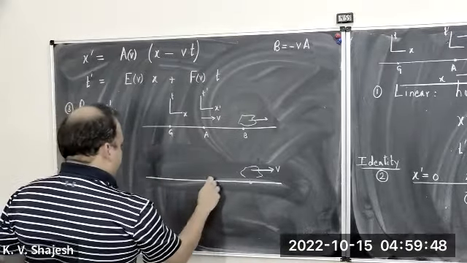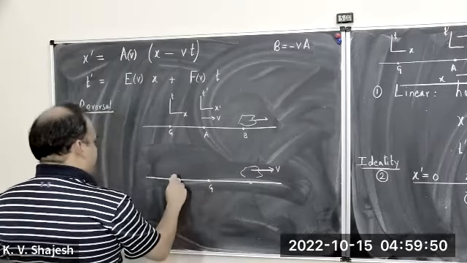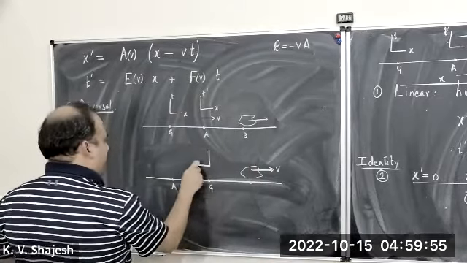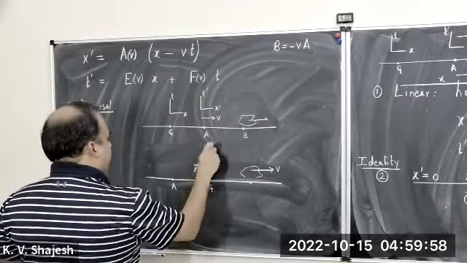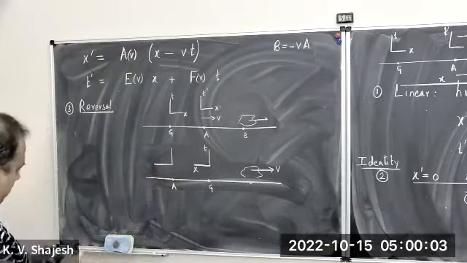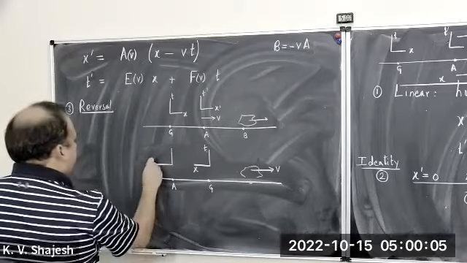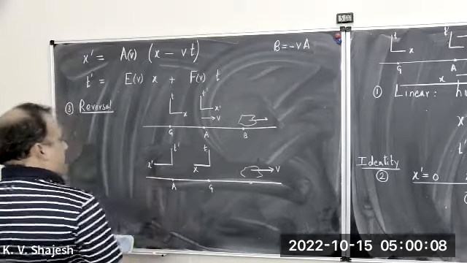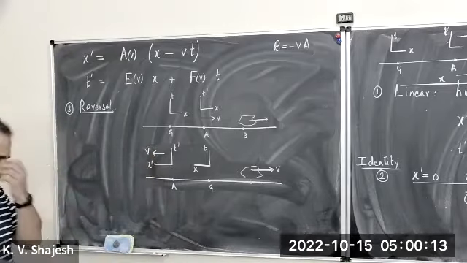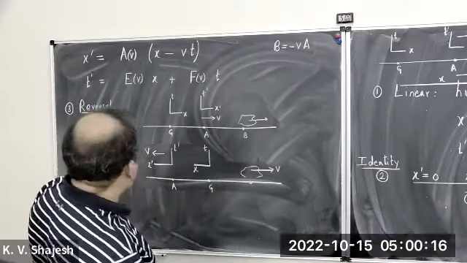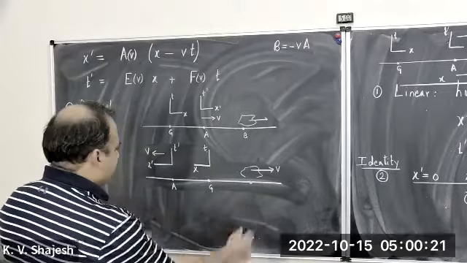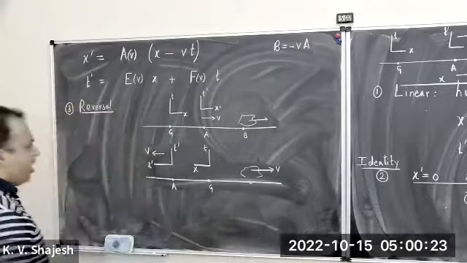So G is here, and this is your A. So that I'll show as X, and this is T, and this one I'll show as X prime and T prime. And this is moving this time with velocity V. And this really doesn't matter. I could have put it here also. When you're interested in delta T's, it doesn't really matter. So what I was doing earlier is perfectly fine.